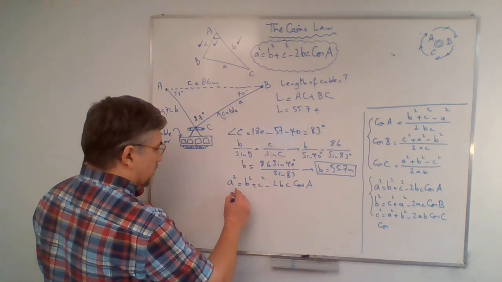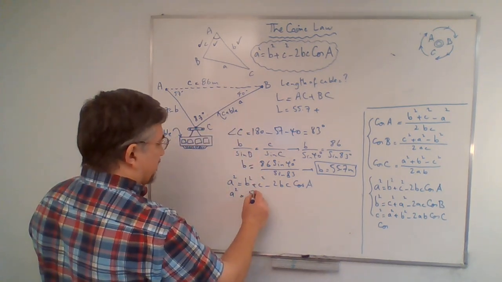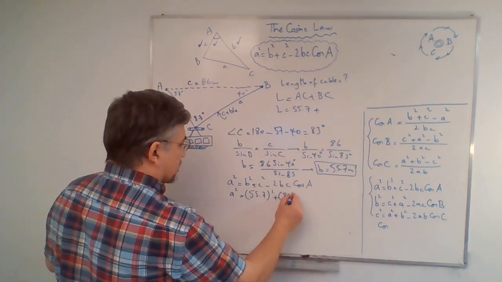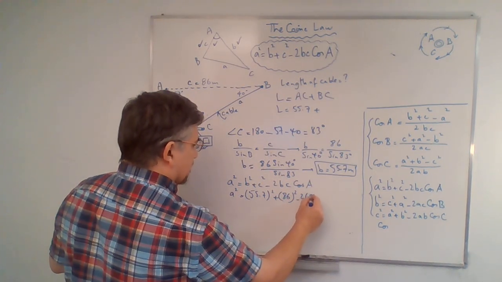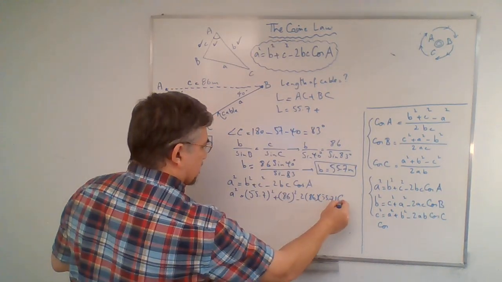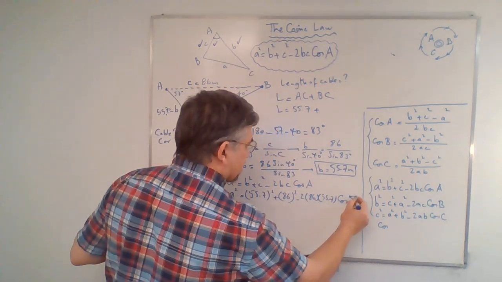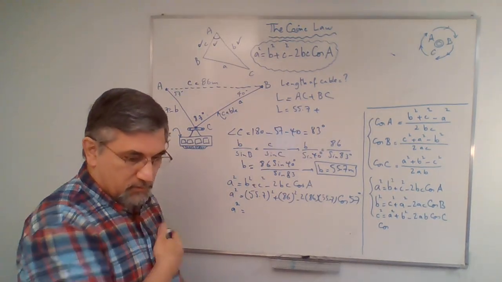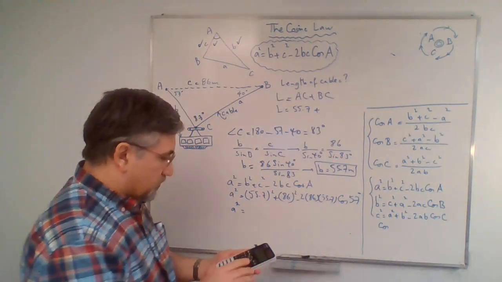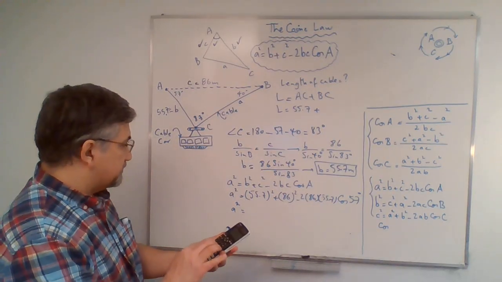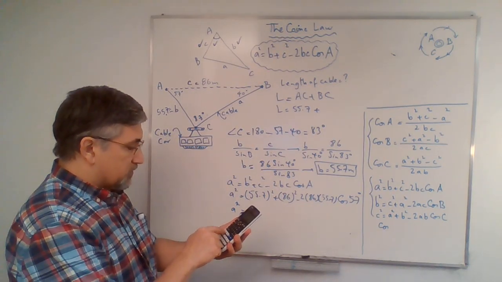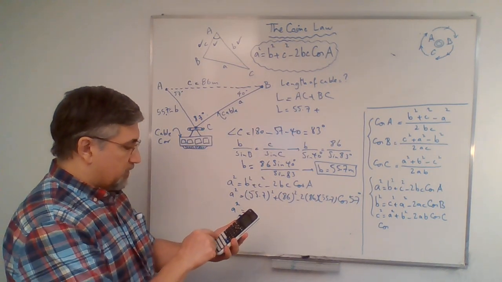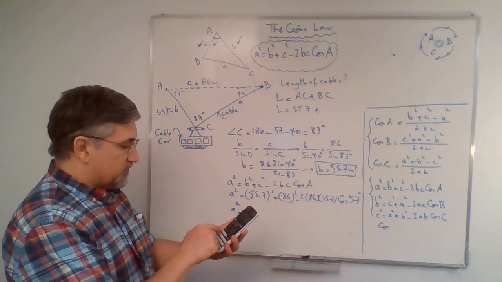So a squared would be 55.7 squared plus c, which was 86 squared, minus 2 times 86 times 55.7 times cosine of angle A, which is 57 degrees. So we need to use a calculator. We have 55.7 squared plus 86 squared, minus 2 times 86 times 55.7 times cosine of 57.